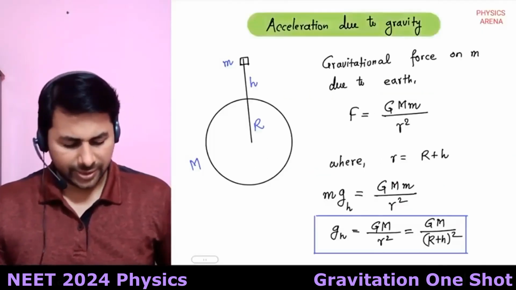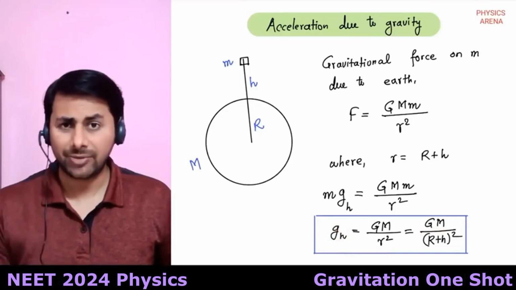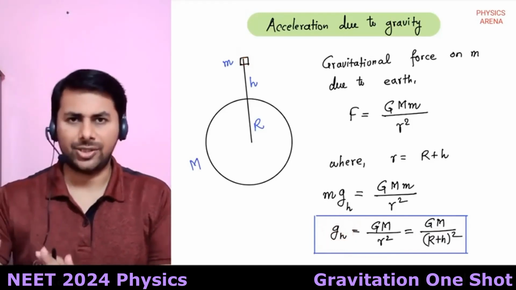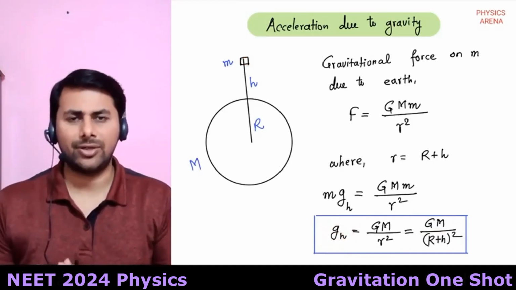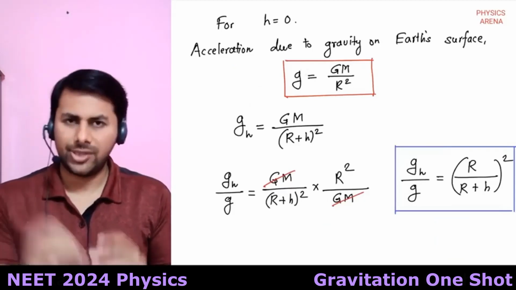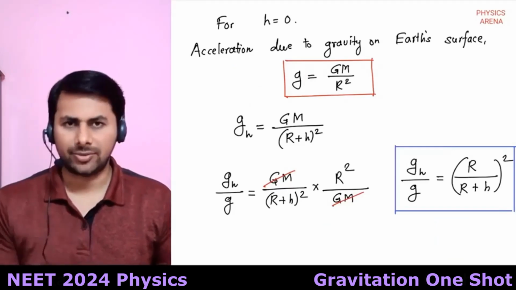So you get this formula, gh is equal to GM upon (R plus h) squared, which is acceleration due to gravity at height h. On earth's surface you have g, which is equal to GM upon R squared.